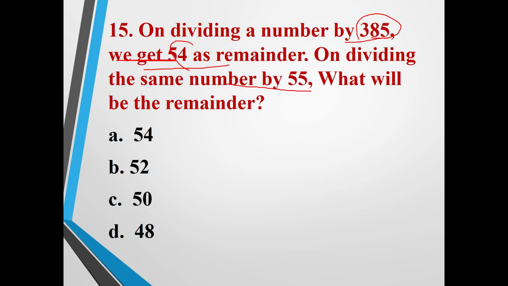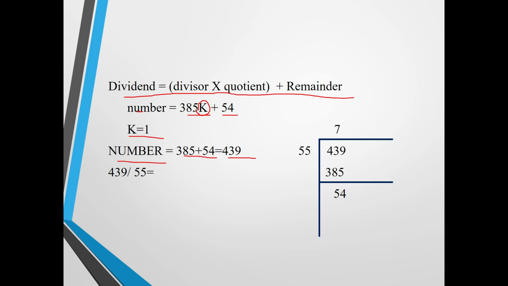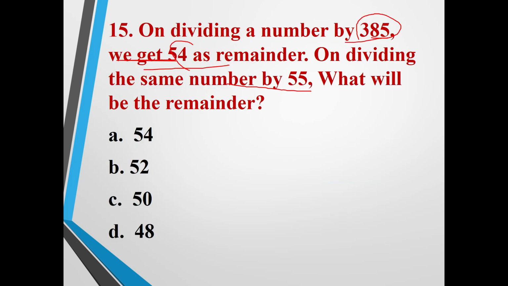So we got the number, and the next sentence it is told that on dividing the same number by 55, what will be the remainder? So we got the number as 439 and we are going to divide the 439 by 55 and we will get the remainder as 54. So the answer is 54. The remainder is 54.